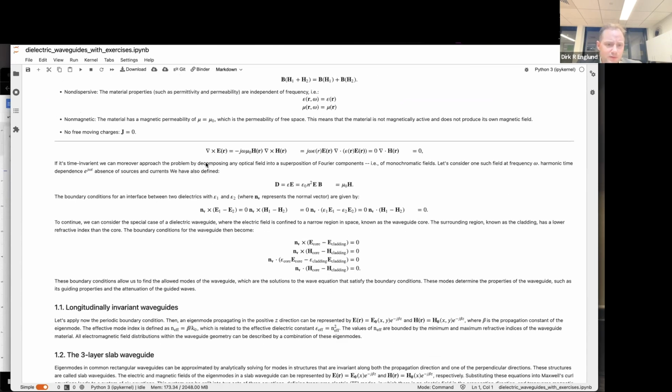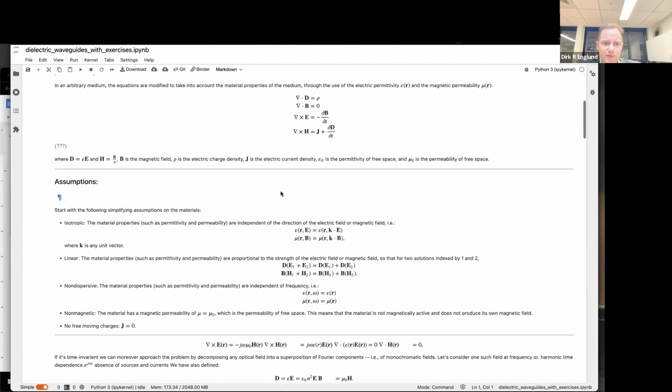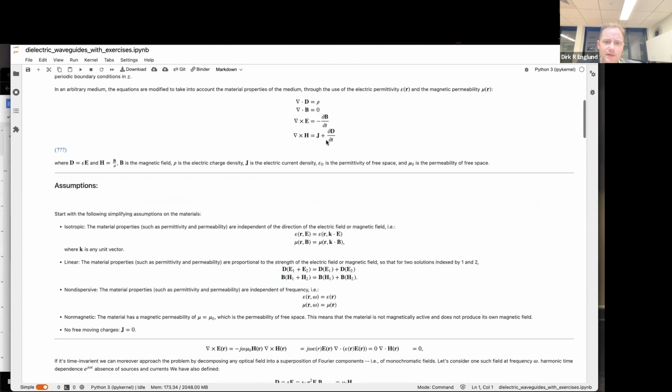Okay, under these assumptions, we can take the temporal Fourier transform of the field, and that turns all of the time derivatives of Maxwell's equations, these partial derivatives with respect to time, into something we can evaluate, because each of these fields is equal to some initial value times e to the i omega t, and the derivative just brings out the i omega.